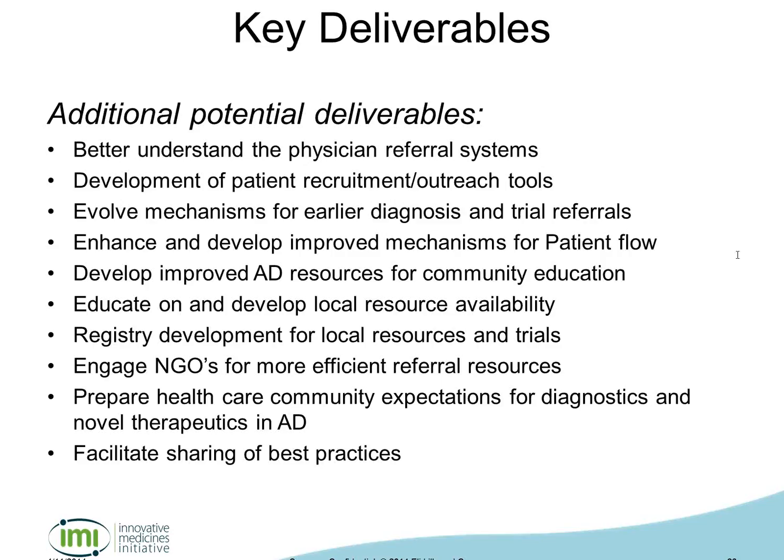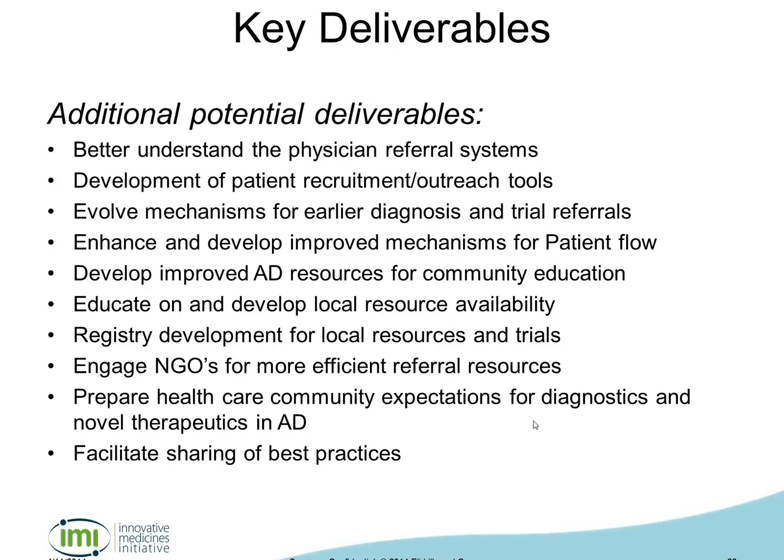So some additional ones include to better understand the physician referral system, development of patient recruitment and outreach tools, evolve mechanisms for earlier diagnosis and trial referrals, enhance and develop improved mechanisms for patient flow, develop improved AD resources for community education, as well as educate and develop local resource availability, because often there are resources available that the public simply doesn't know are there for them.